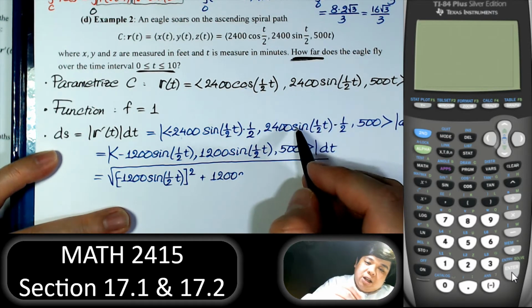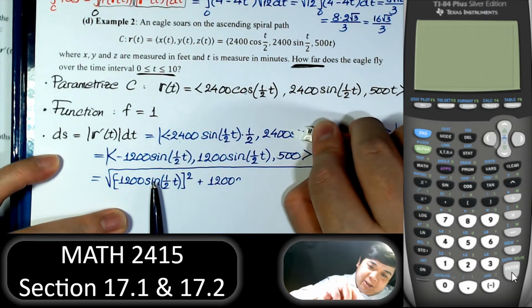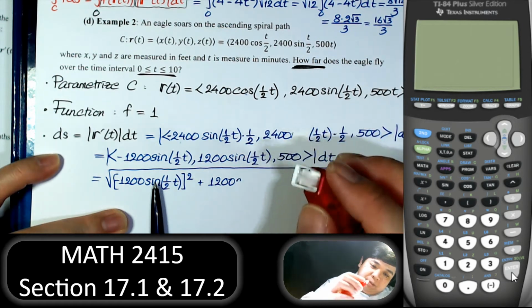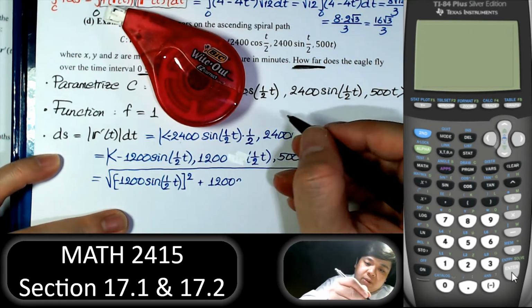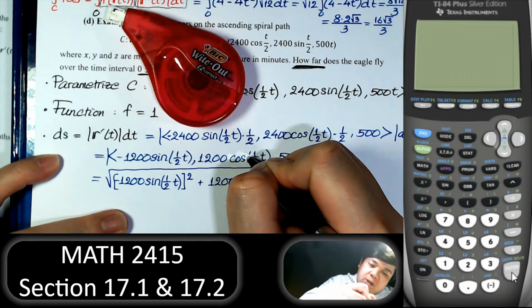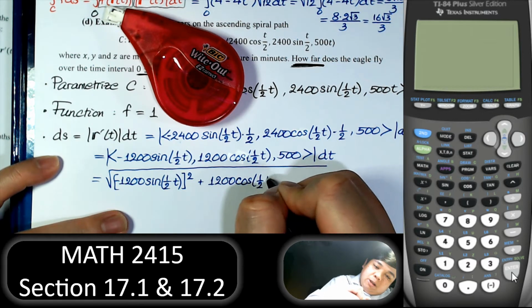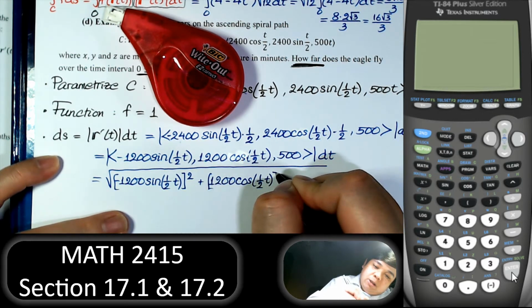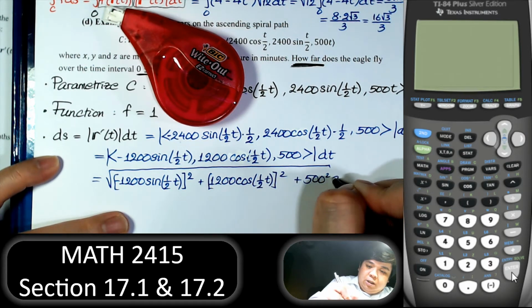Derivative of sine is cosine. And then 500 squared, dt.